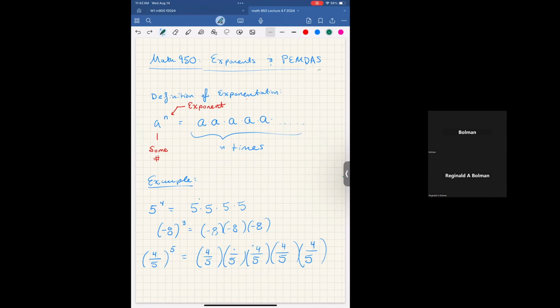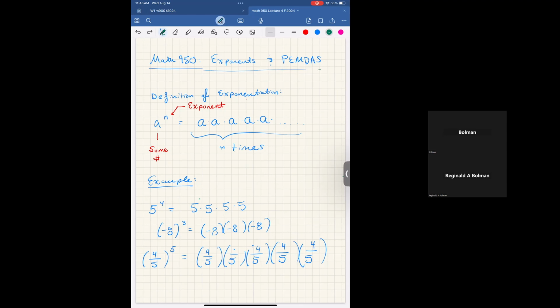And so what that means is that you need to add 3 with itself 2 times. 3 plus 3 gives you 6, and so 2 times 3 is the same thing as 6. Well, exponentiation is the same way, just for multiplication. It asks the question, if you're multiplying a number by itself a certain number of times, what is that equal to? Okay, listed down on the bottom of the page, I've got a couple of examples of exponentiation.